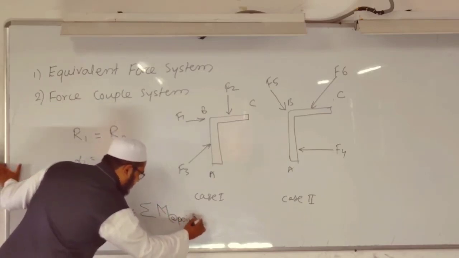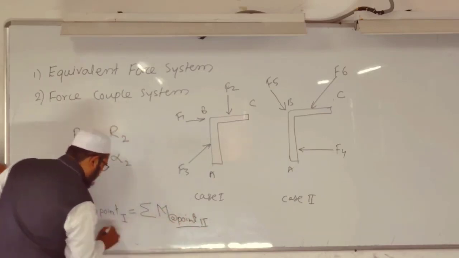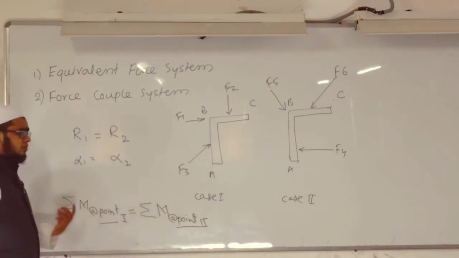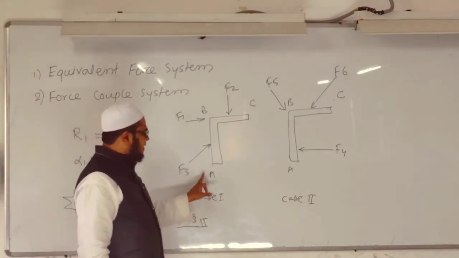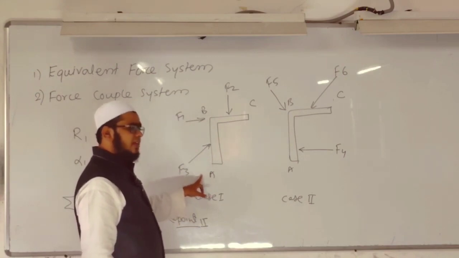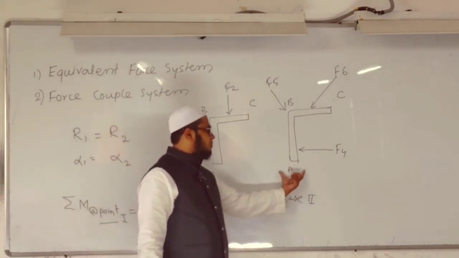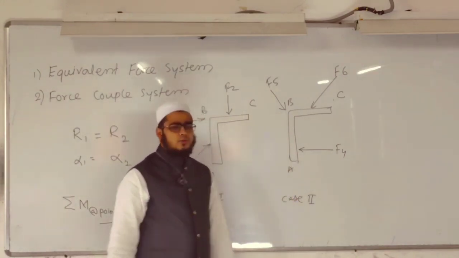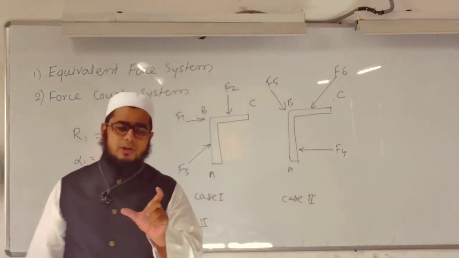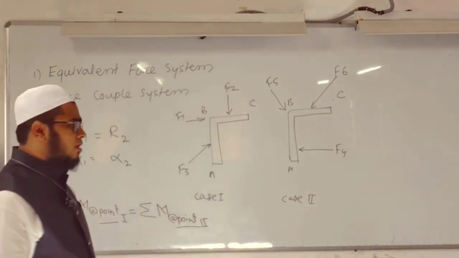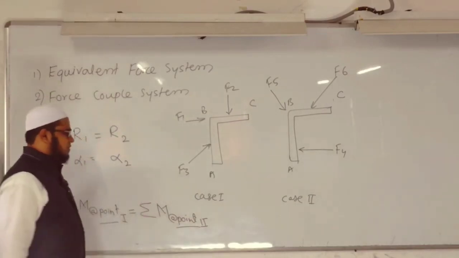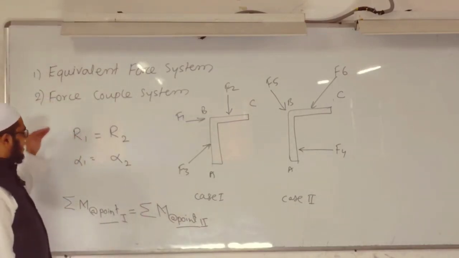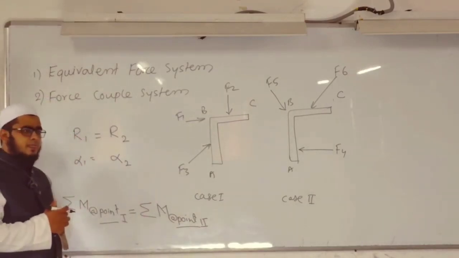Means this moment center will be the same in both the cases. If you calculate the moment at A for case 1, then again we will calculate the moment at A in case 2 also. That moment also is required to be the same in magnitude and direction. So these are the three conditions.